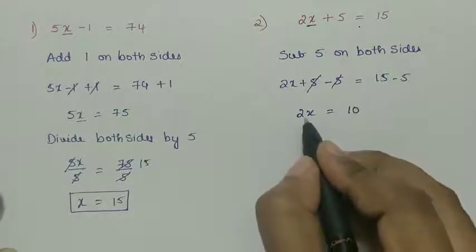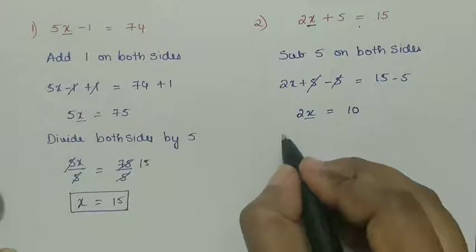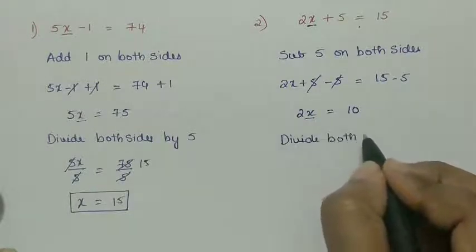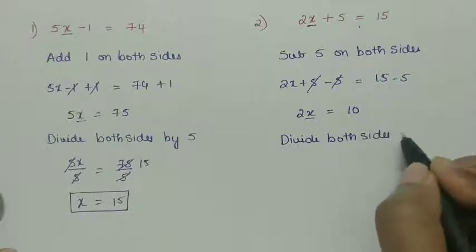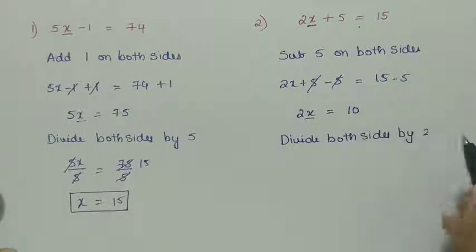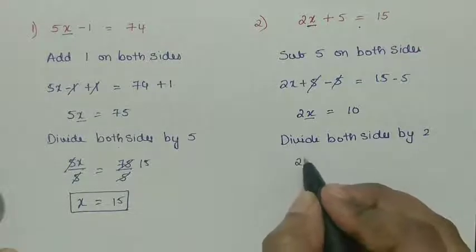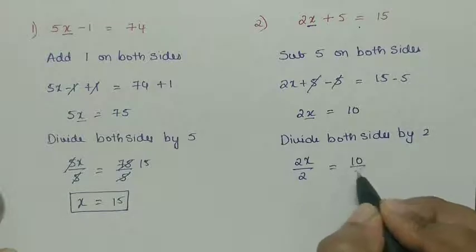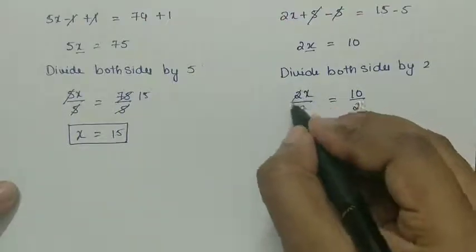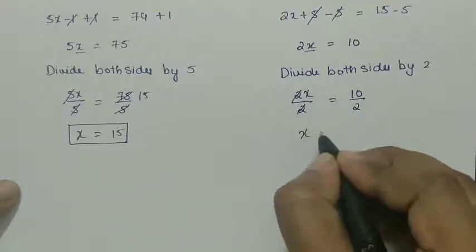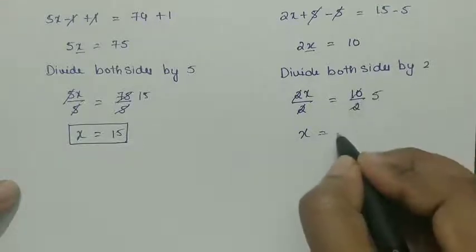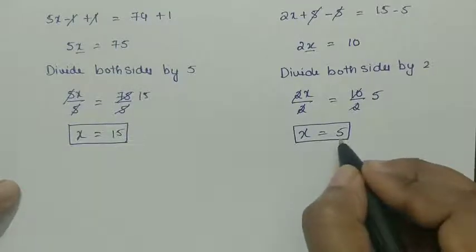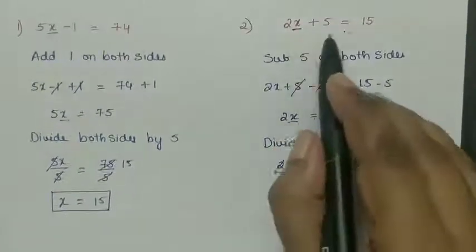We need to get the value of x. Therefore, divide both sides by 2. 2x divided by 2 equal to 10 divided by 2. 2 cancel, therefore x equal to 5. x equal to 5 is the solution of the given equation.